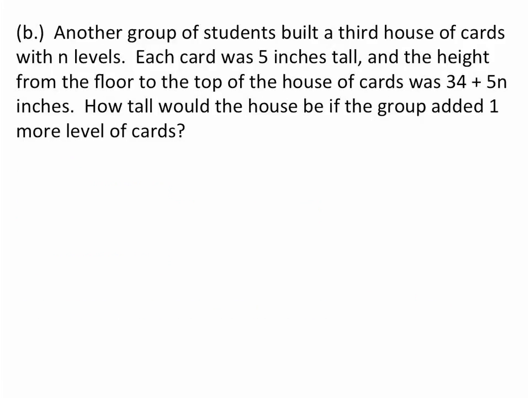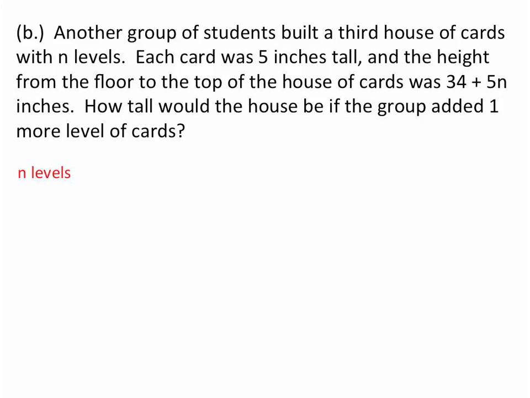All right, pretty easy. Another group of students built a third house of cards with n levels. Each card is 5 inches tall, and the height from the floor to the top of the house of cards was an expression here, 34 plus 5n inches. How tall would the house be if the group added one more level of cards? Well, what do we know?